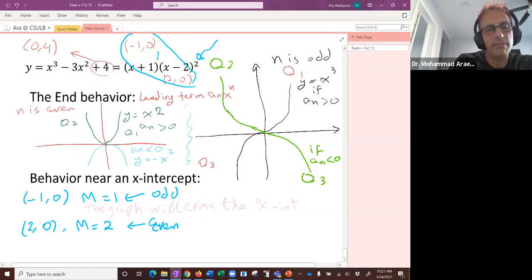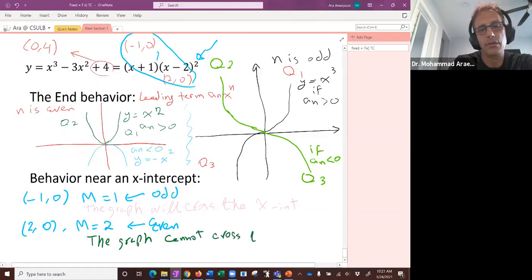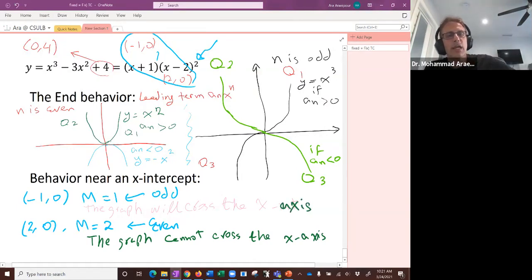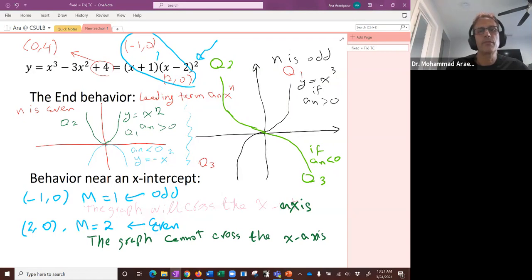When it's even, the graph cannot cross the x-axis, I should say. So at that point where we get to the x-intercept, this is what happens. Now, let us graph this with the information mentioned.